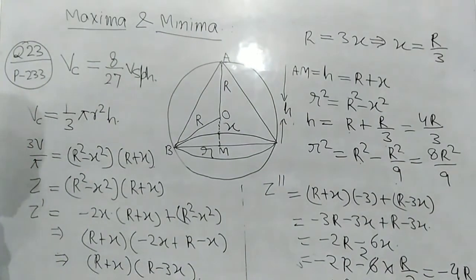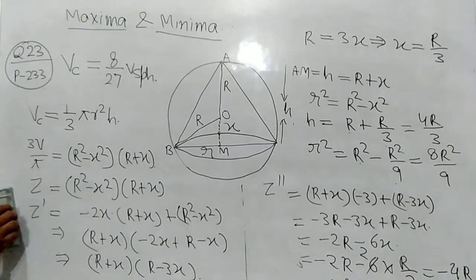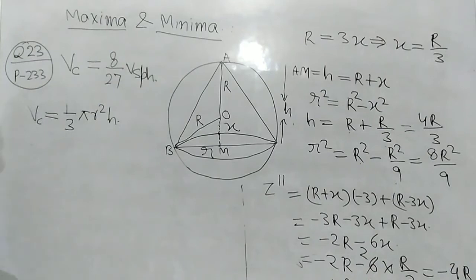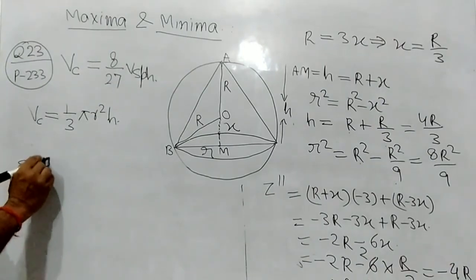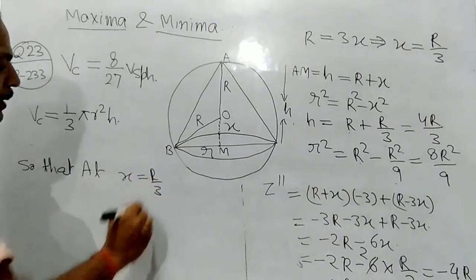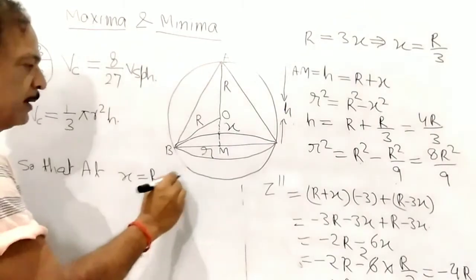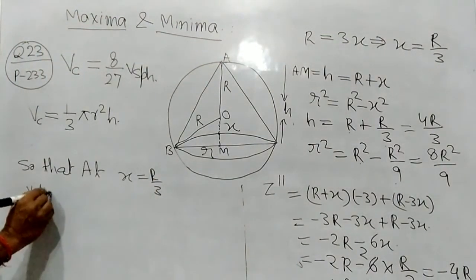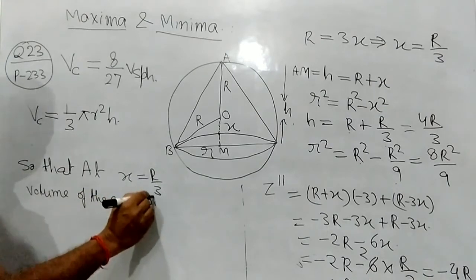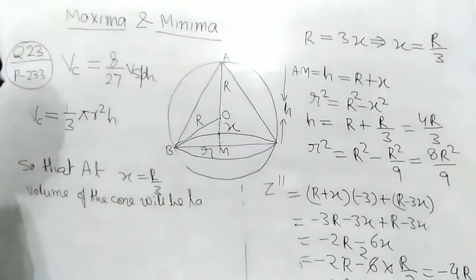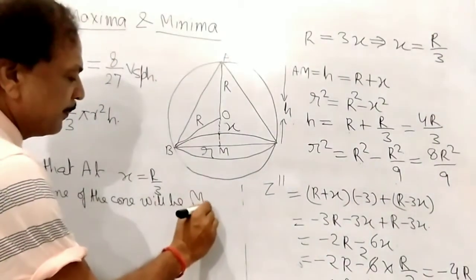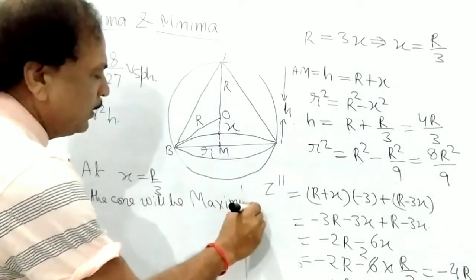So that at x equal to r/3 the volume of the cone will be maximum.